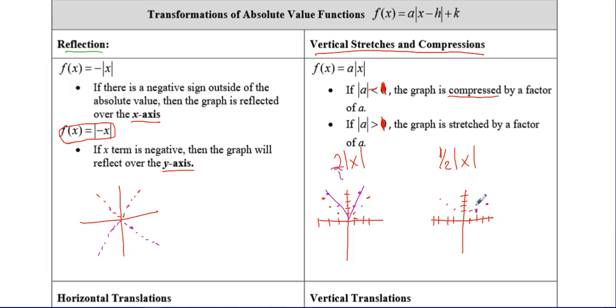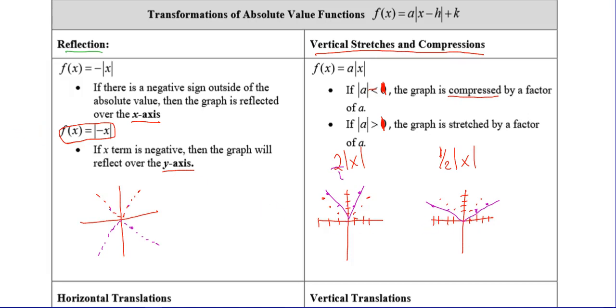So instead of a y value of 2, it's now a y value of 1, because it's now half as tall. And that would exist also over here on the other side of my graph. So if you notice this graph now, it's a much flatter graph, as though it's been compressed downward and flattened out. So that's the difference between a stretch and a compression. And it should become more clear as we do more examples of this.